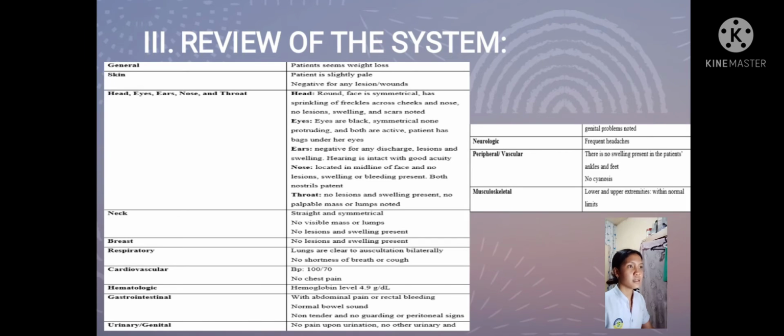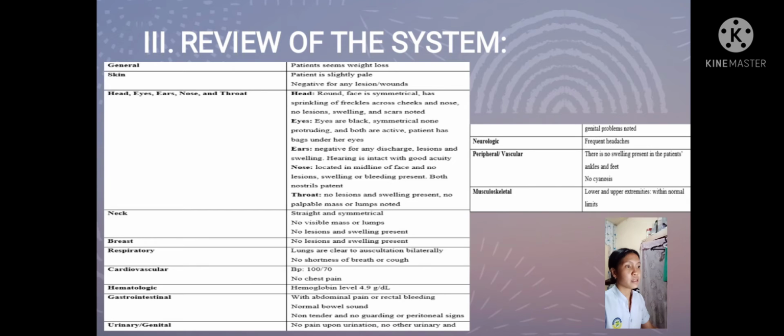So, third is the review of systems. In general, the patient seems to have weight loss. Skin: the patient is slightly pale, negative for any lesion or wounds. Head is round, face is symmetrical, has a sprinkling of freckles across cheek and nose, no lesion, swelling, or scars noted.